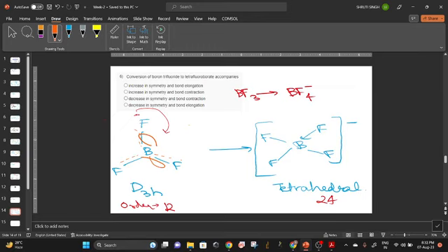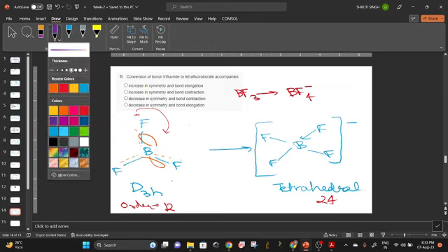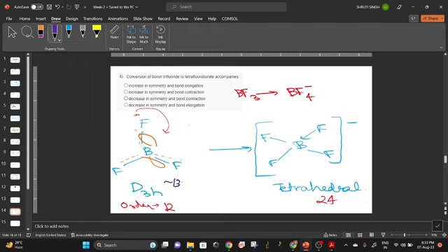So if I go for numbers, the bond length for this one is around, I think, 130, and this one is 143 according to internet sources. So bond elongation is happening because we have stopped back bonding, as there is no vacant p orbital now, so there is no back bonding.